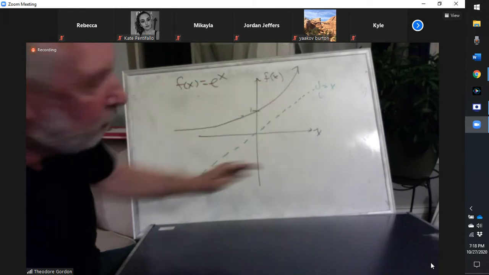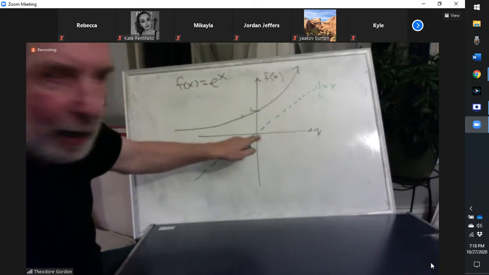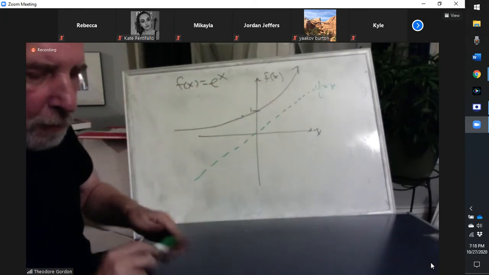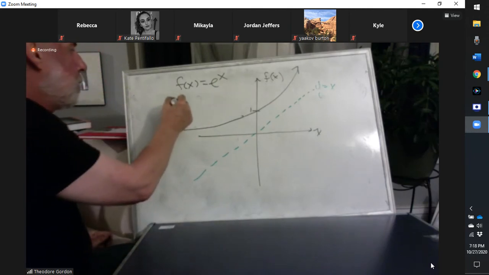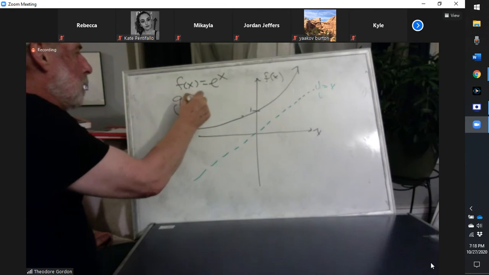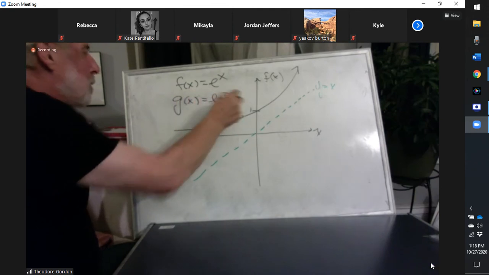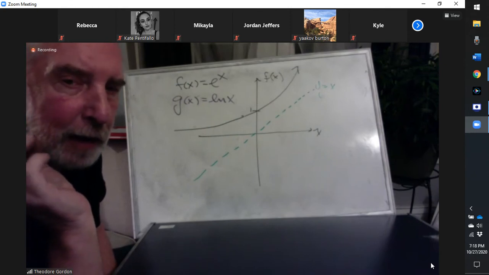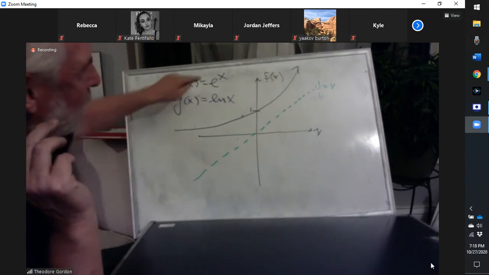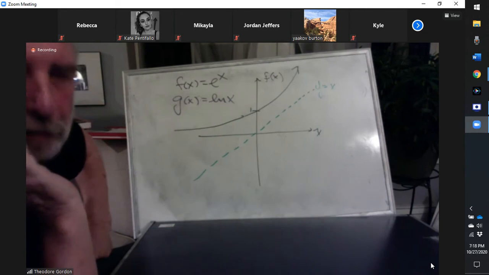So x to the first, linear, it's a 45-degree angle right through the origin. If we have another function, g of x, and we call that ln of x, how are the two functions e to the x and ln of x related? What's the relationship between these two functions?